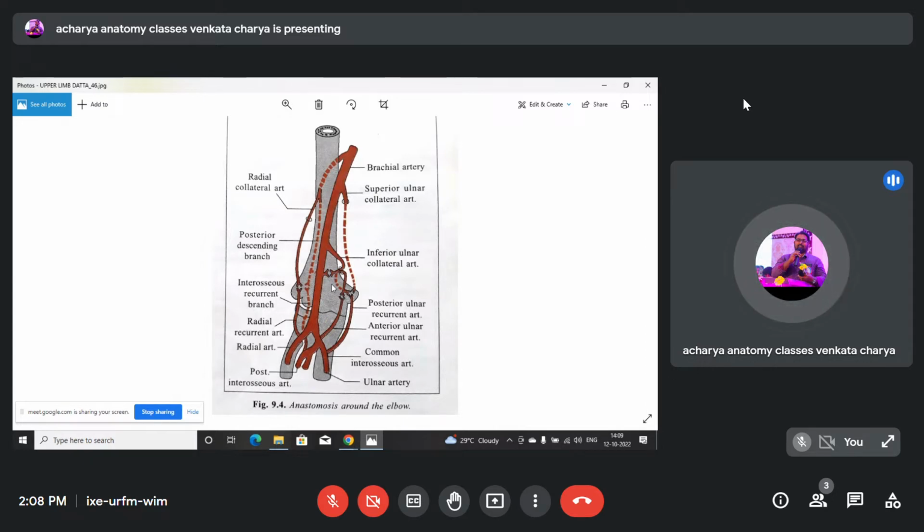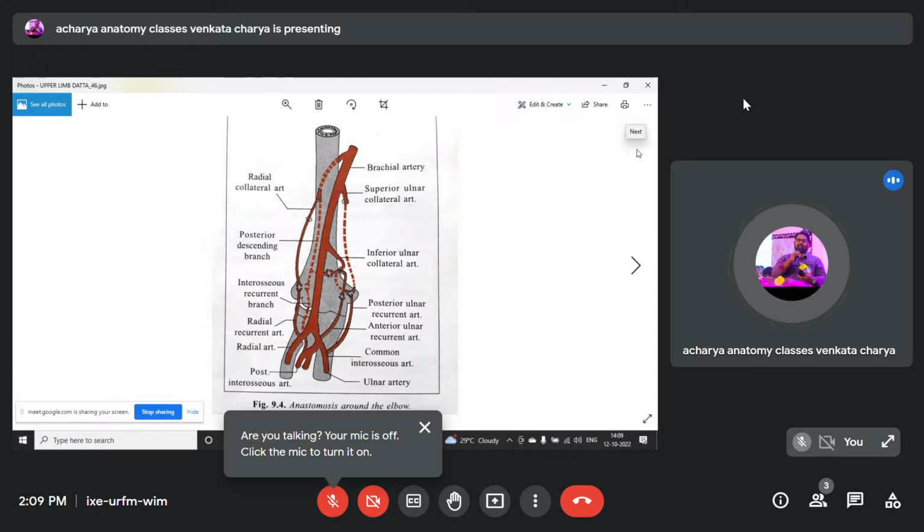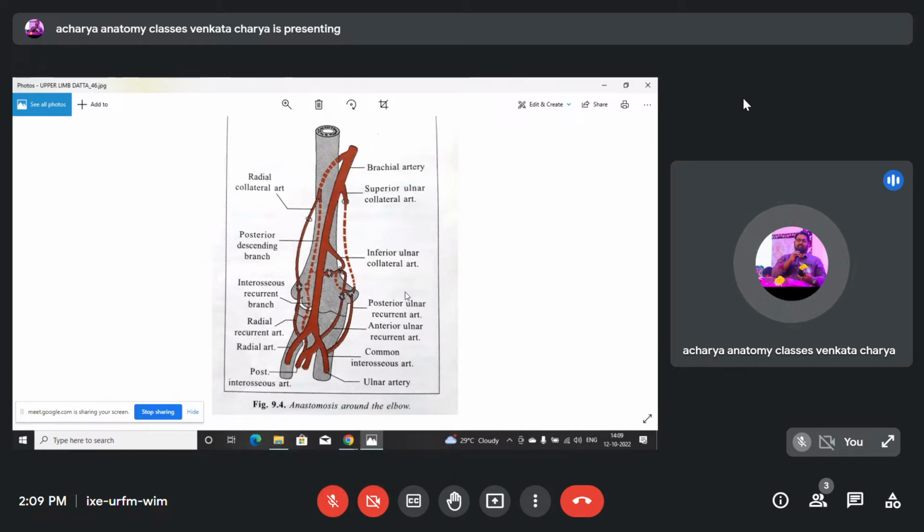Transverse branch of posterior descending artery anastomosis with the transverse branch of inferior ulnar collateral artery. So this one is a third anastomosis. Are you getting?